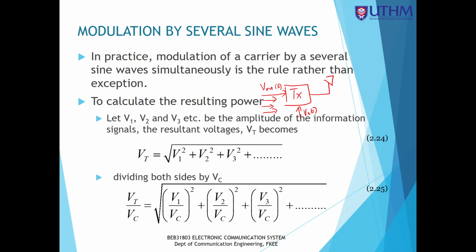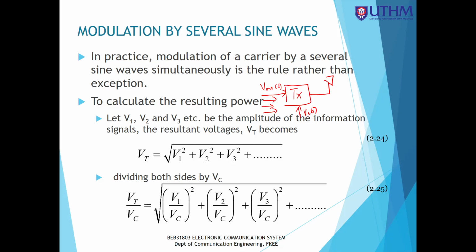So how can we find V total? V total here is the total voltage of the message, which is equal to the square root of V1 square plus V2 square plus V3 square until Vn square. If we want to find the modulation index, we need to divide the peak amplitude of the input message by the carrier voltage.